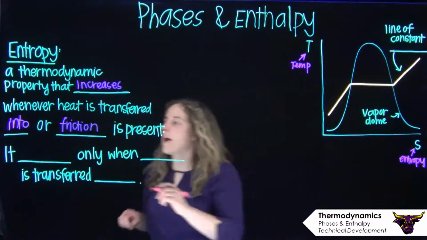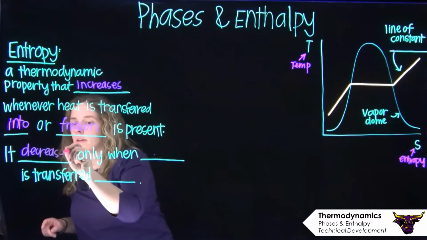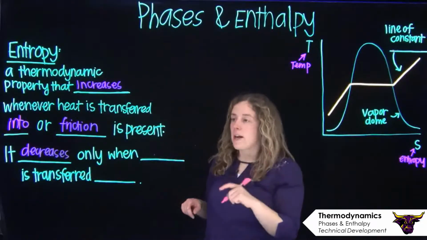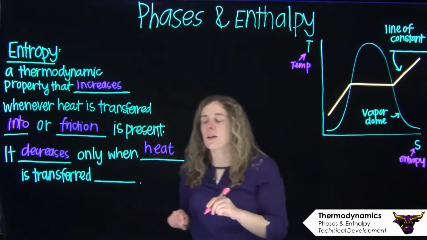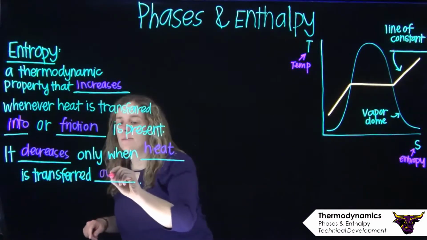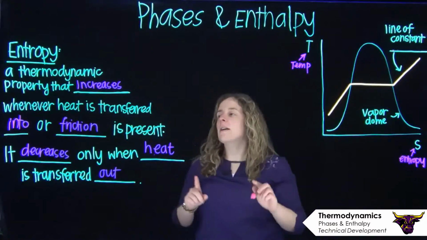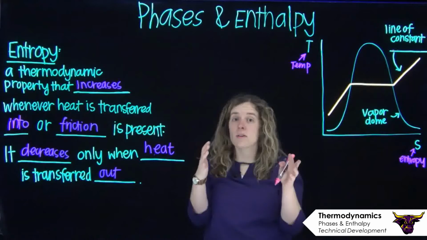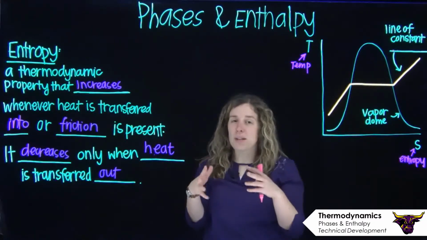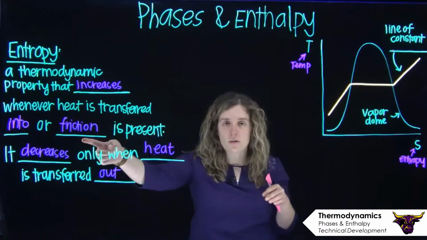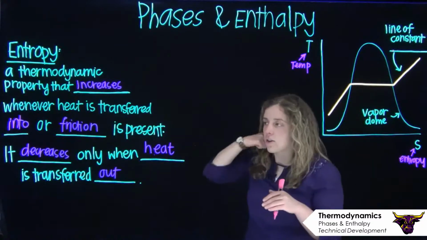And the only way it decreases is when heat is transferred out. So it increases when we put heat in or when there's friction, and it decreases only when heat is transferred out, which makes sense because we can't reverse friction. Friction's only an input. It's only when we take heat out that it decreases.